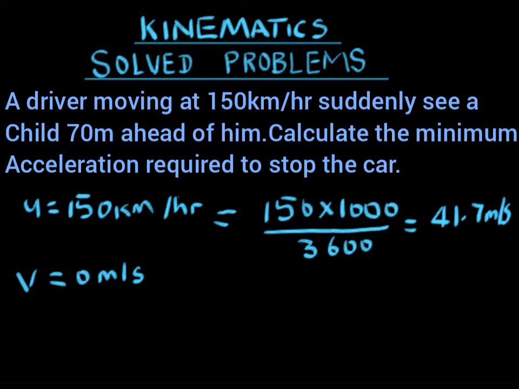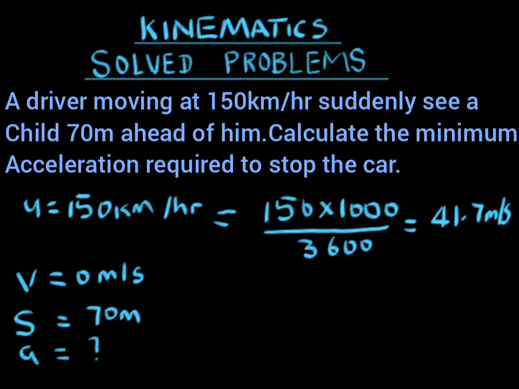The next data says he sees the child 70 meters ahead of him, so the distance would be 70 meters. Now we are required to calculate the acceleration we need to stop the car, so acceleration is unknown.